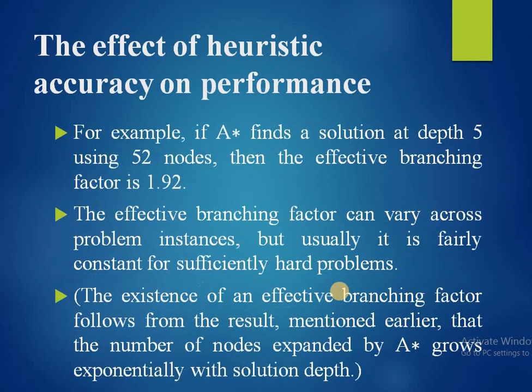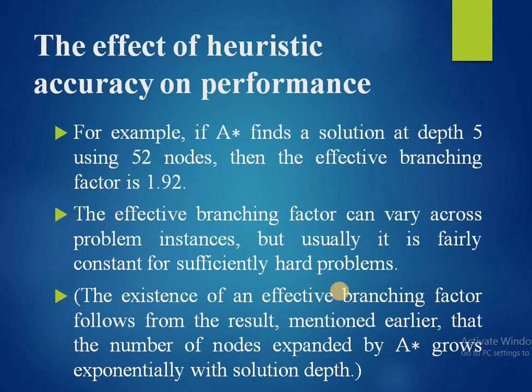Note, for example, if A star finds a solution at depth 5 using 52 nodes, then the effective branching factor is 1.92.